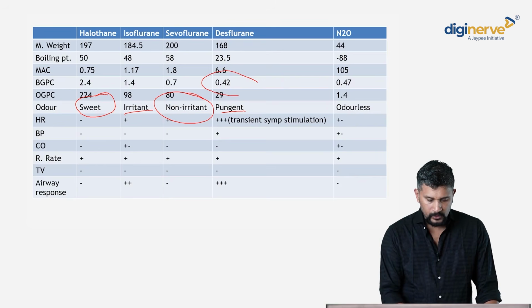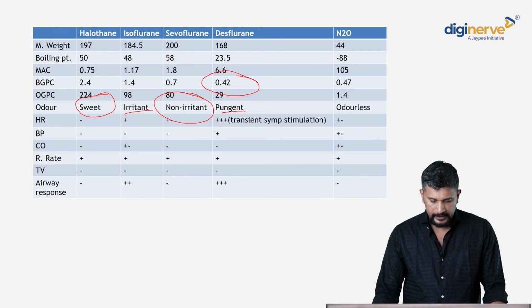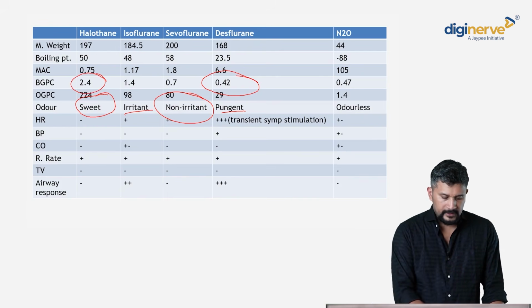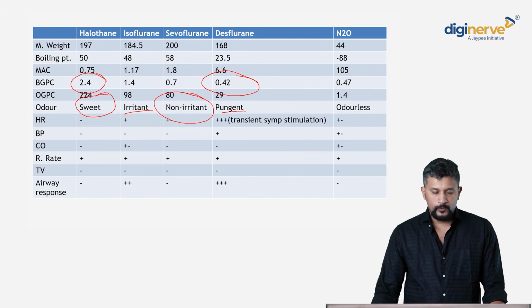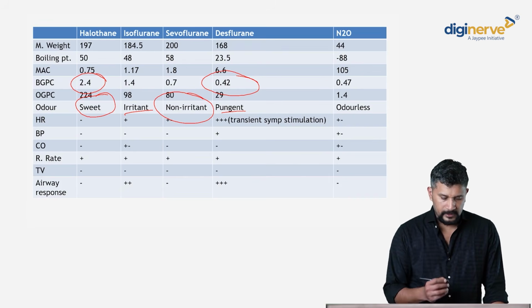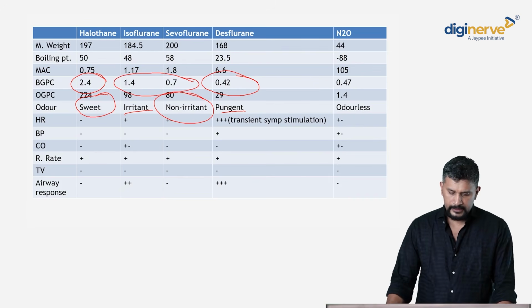Desflurane has the lowest blood gas partition coefficient amongst the fluorinated anesthetic agents, at 0.42. Halothane has a blood gas partition coefficient of 2.4, making it the slowest to have its onset and offset amongst the commonly used, clinically used volatile anesthetic agents.